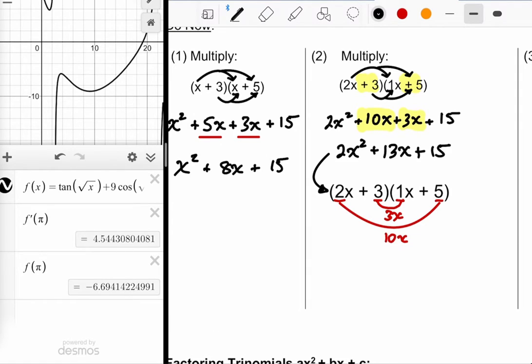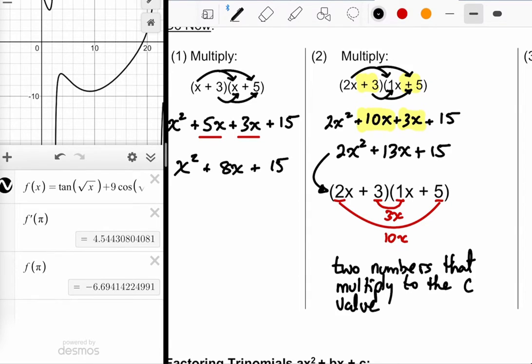So we need two numbers that multiply to the c value, where the outer and inner products add to the b value.